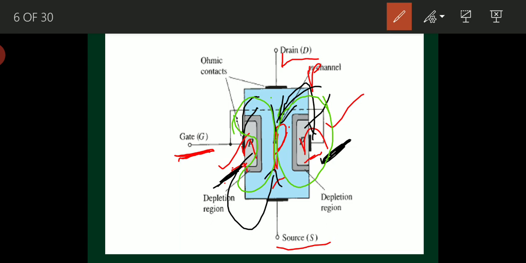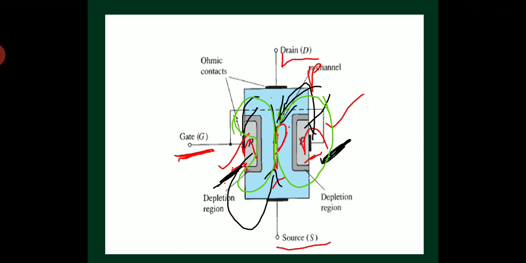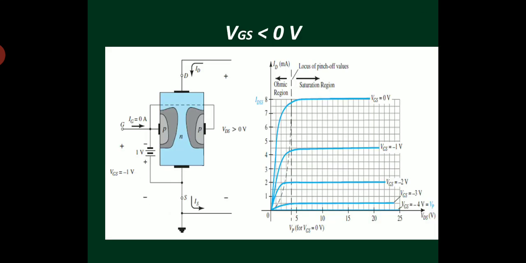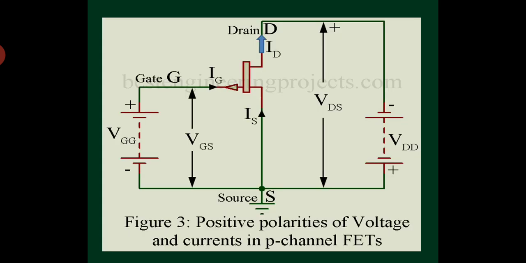So let us move on to the circuit diagram, how I will connect it, right? So this is the circuit diagram. Okay, so let's go to the schematic once again.